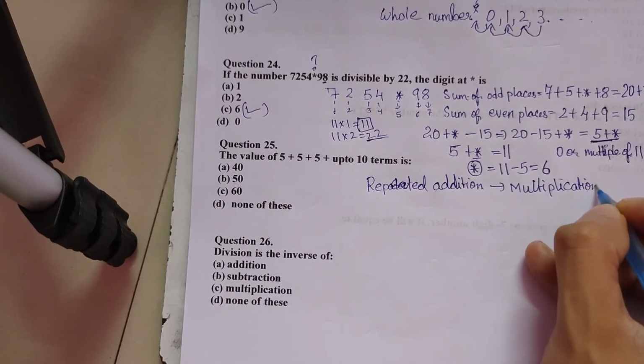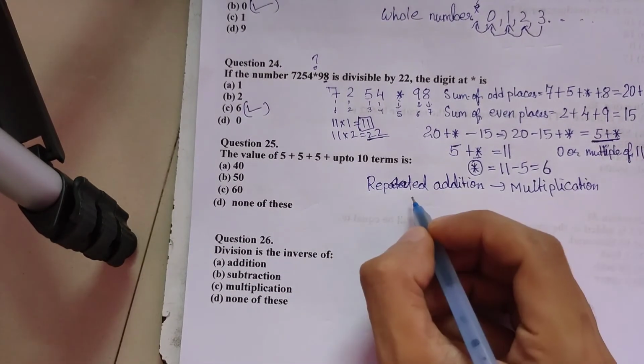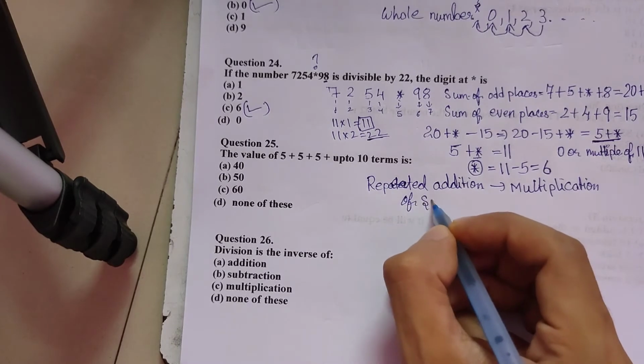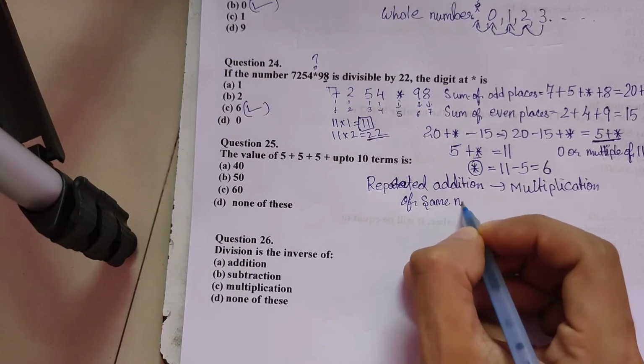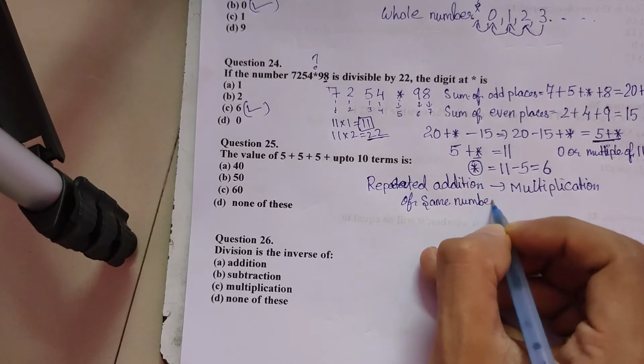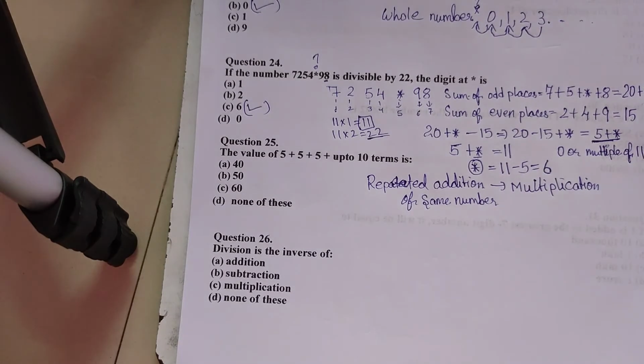Repeated addition of the same number only. Whenever the same number is repeatedly added, we can directly get the answer by just multiplying.